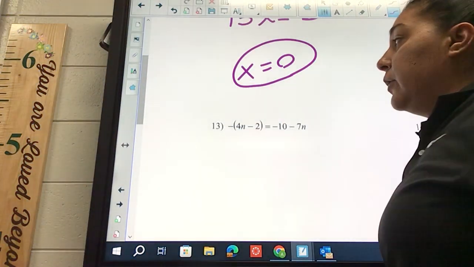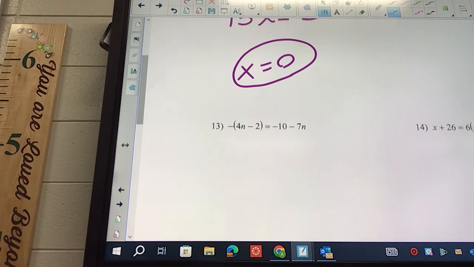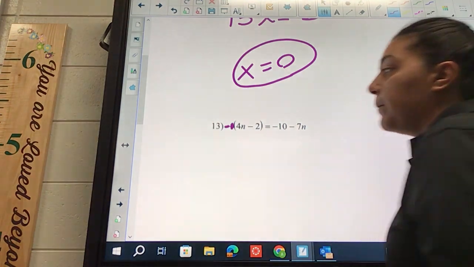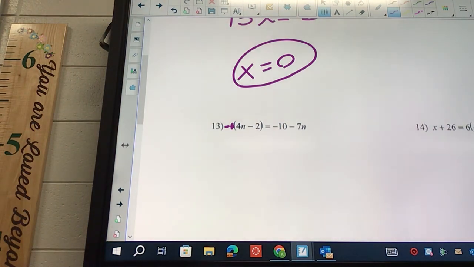Number 12. What are we distributing? What's getting distributed? There's still parentheses, so we gotta get rid of them. What are we distributing? Alright, what number is in front of an X if there's no number there? A 1. So see how there's a negative? It's really a -1 right here out in front. There's a 1 in between that minus sign and that first parentheses.